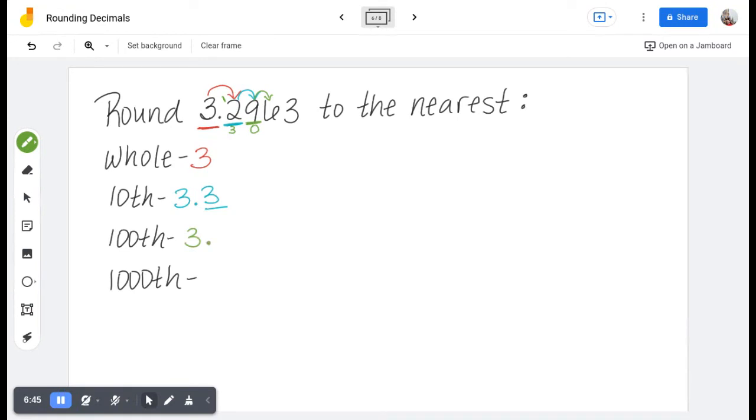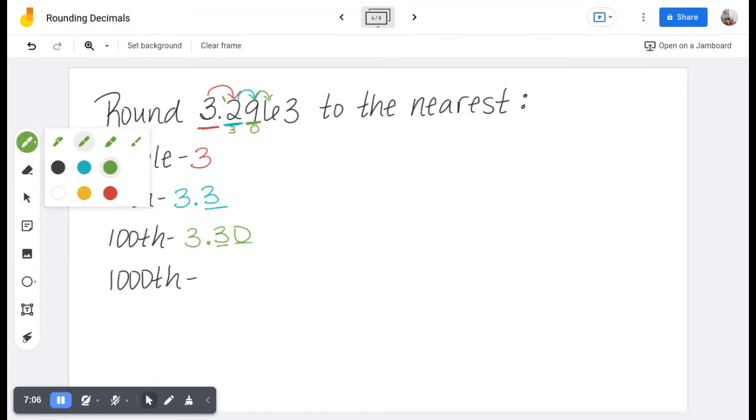So 3.30. Yes, we need that 0 still because it says nearest hundredth. So you need to go to your hundredths place. Even though it has the same value as the nearest tenth, this one said go to the hundredths place.